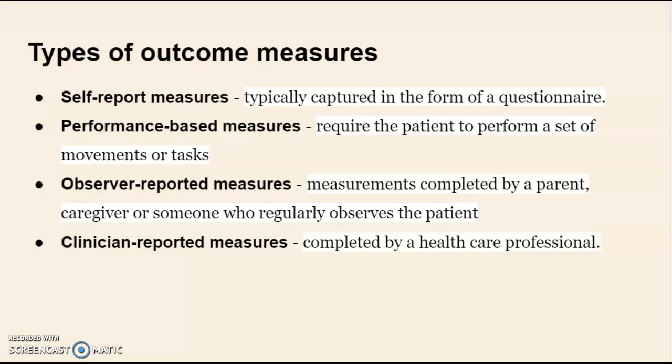So there are different types of outcome measures. There are self-reported measures, whereby the patient themselves reports, normally in the form of a questionnaire. A performance-based measure requires the patient to perform a set of tasks or movements that is reported by the therapist or potentially by the patient themselves, so they're able to do something yes or no. An observer-reported measure is normally completed by a parent or caregiver or somebody who regularly spends time with the patient.